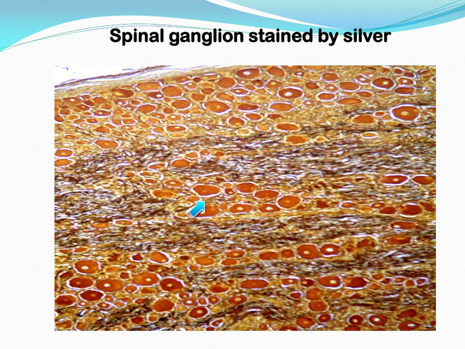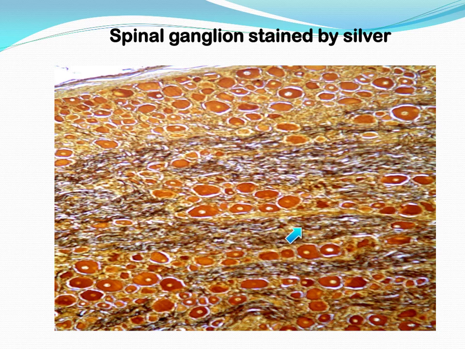Because the Golgi apparatus, which is well developed and fills the cytoplasm of this neuron in a position around the nucleus, is stained by silver. The Golgi apparatus here is present in the form of a network around the nucleus, stained brown by the silver.